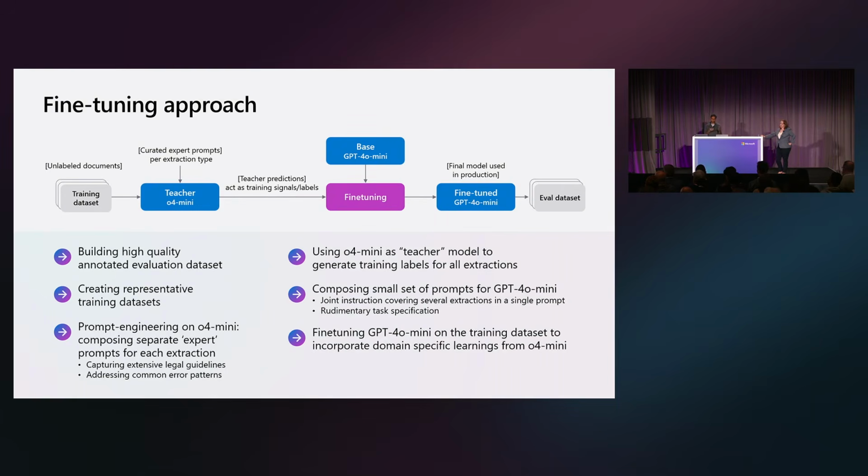Then using each of these individual expert prompts for the specific extractions, we sent the documents through the O4 Mini reasoning model, the teacher model, to generate the training labels on the documents. Then for the student model, the GPT-4o Mini, we crafted pretty simple prompts, and we also instructed in the prompt to extract a bunch of extractions in one go.